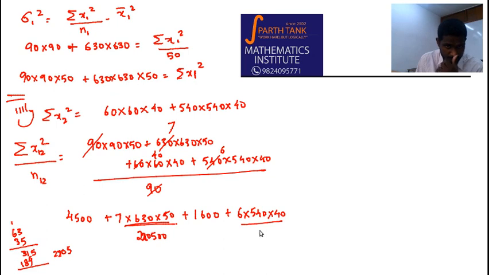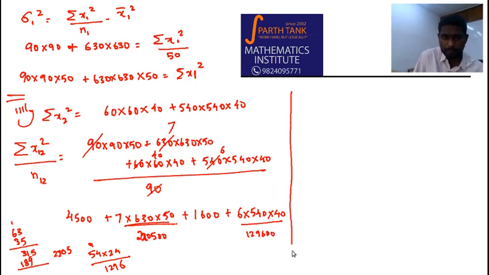Then here this number is going to be 54 times 24, and this is 1296 with 2 zeros. So the total is, there is a 4500, there is a 220,500, 220,500 and 1,96,000 and 1,600 here.